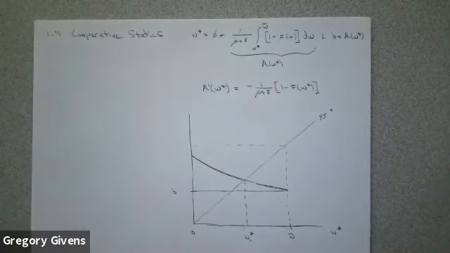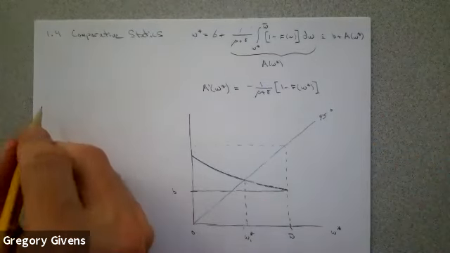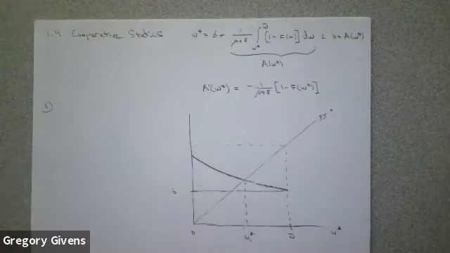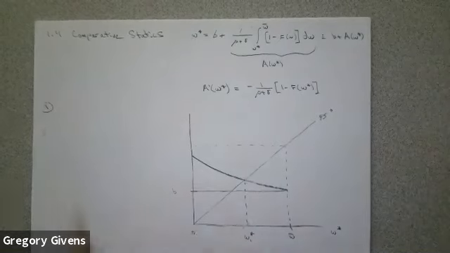Okay, what I would like to do today is talk about how the reservation wage is affected by changes in some of the key exogenous parameters of the model. One of those parameters that I think is interesting is the unemployment benefit.